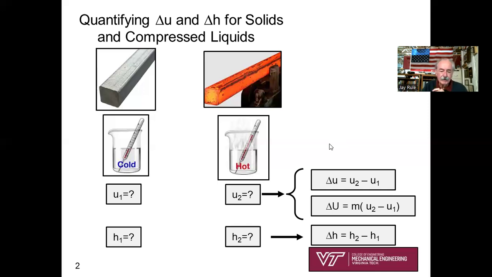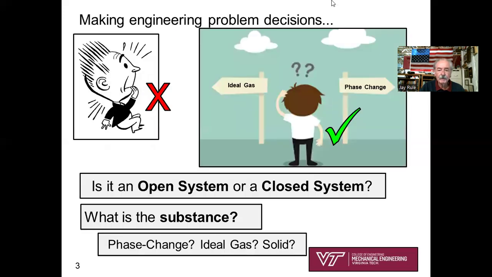Later on, for open systems, you're going to be dealing with enthalpy changes, H2 minus H1. So that's why you're looking for delta U. And I'm going to talk about how you can use specific heat for these substances. Okay, so I'm not getting off track. I've got a reason for presenting this.